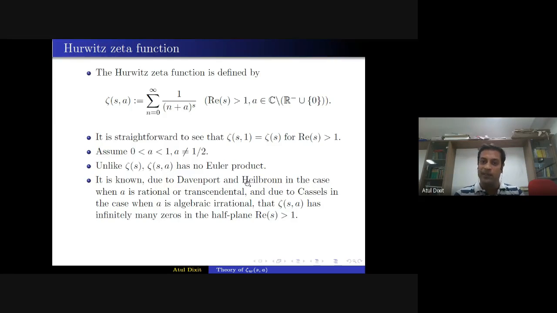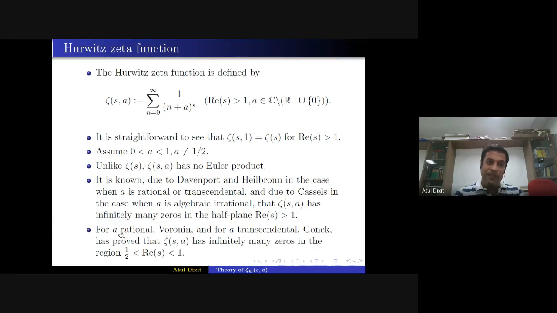Davenport and Heilbronn have proved that when a is rational or transcendental, and Cassels has proved in the case when a is algebraic irrational, that zeta of s comma a has infinitely many zeros in real s greater than 1. Note that that is not the case in the case of Riemann zeta function, because from the infinite product representation or the Euler product representation, one can actually show that zeta of s does not vanish in real s greater than 1.